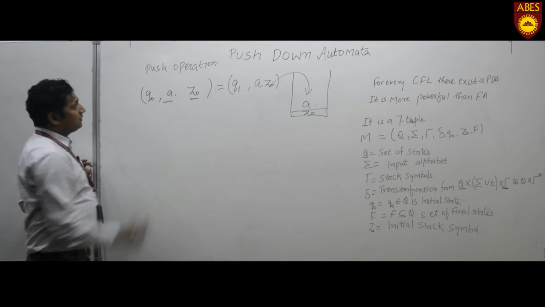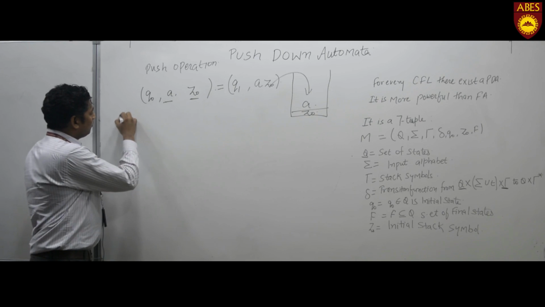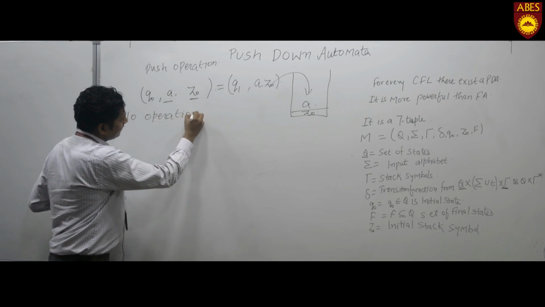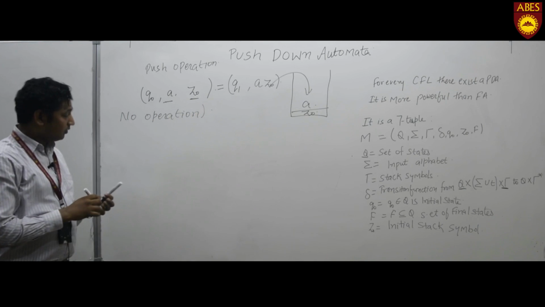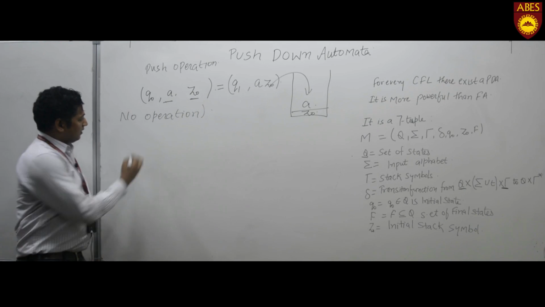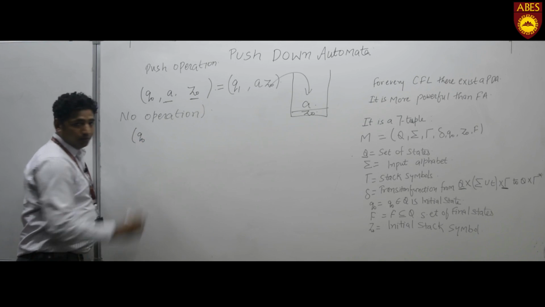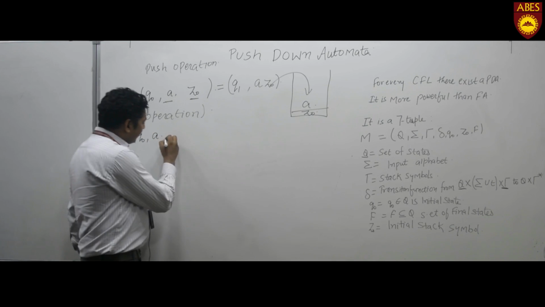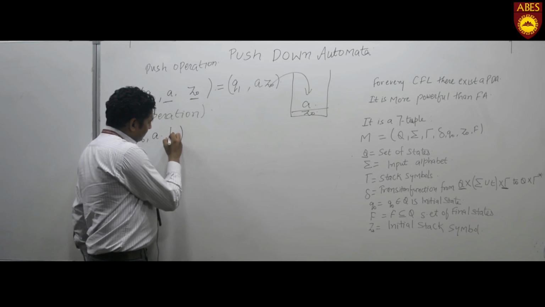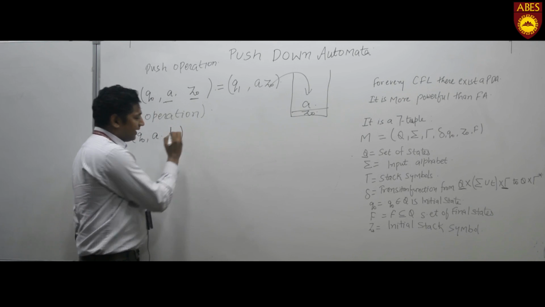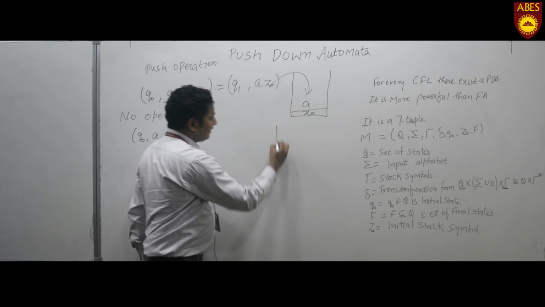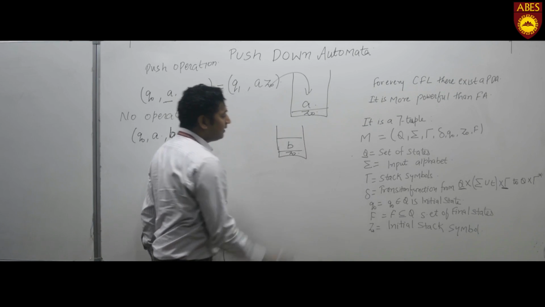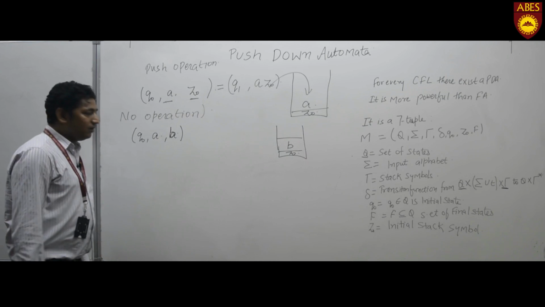The next operation we can do with a pushdown automaton is no operation. For no operation we have some state Q naught and an input A, and we already have B in the stack. This is the structure of the stack: Z naught, and B is already present, and we want to do a no operation.